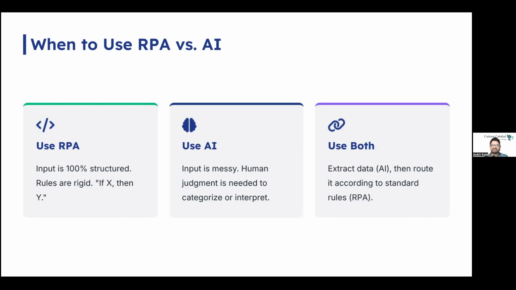So since we are using RPA for data extraction and AI for the reasonability check, we have to use both in that case. Most robust systems do not rely on just one type of automation, they combine both. RPA handles the workflow, the routing, the triggers, the structural step. AI handles the judgment, the classification, the risk assessment, and the context evaluation. You don't need to choose one or the other, you may use them together.